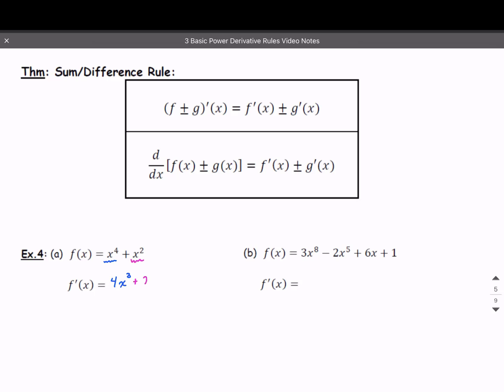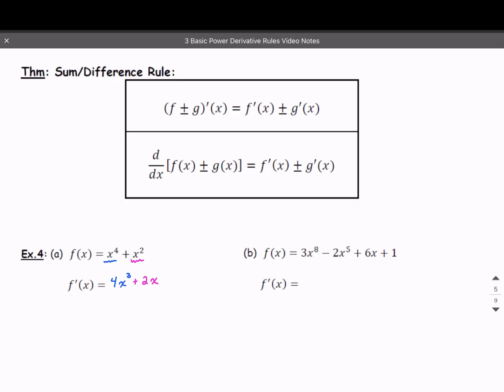We're going to bring down the exponent 2, keep the base x, and 2 minus 1 is 1, but I don't have to write an exponent of 1, we know it's there. There it is. So you just take the derivative of each part.